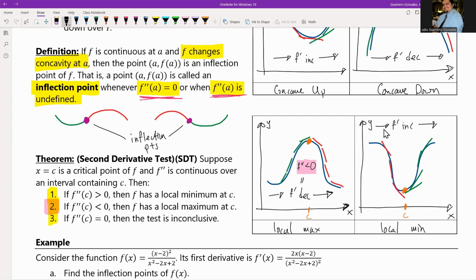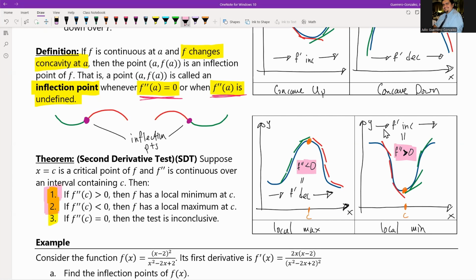Our tangent line slopes are going from negatives to positives. This is equivalent, as you might guess, to F double prime being bigger than 0. That gets us number 1. So I kind of had them in the wrong order in terms of the picture. That's all right. It's there.